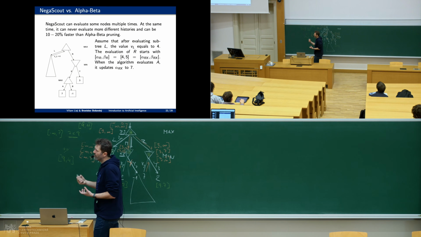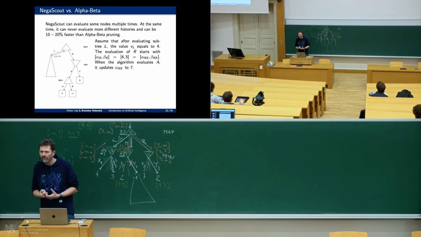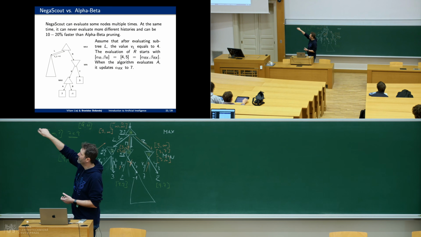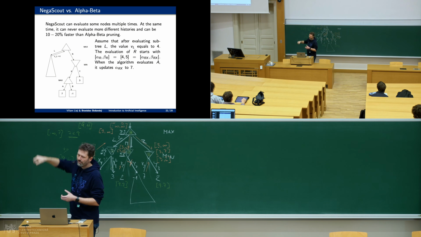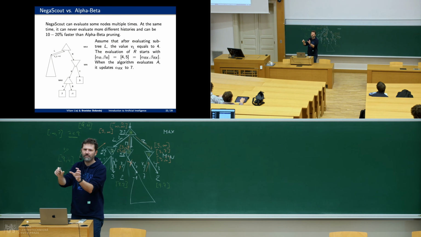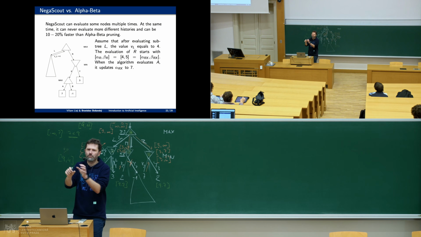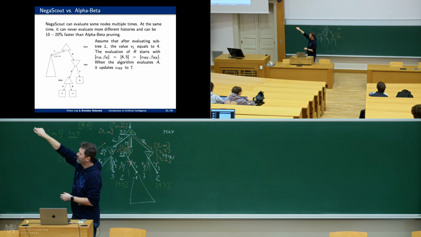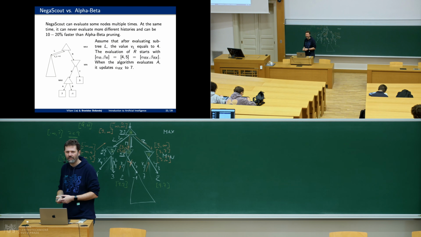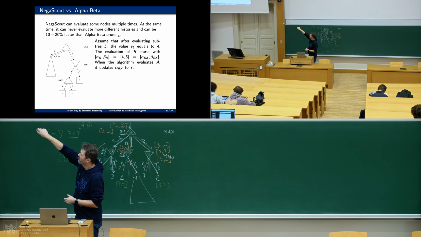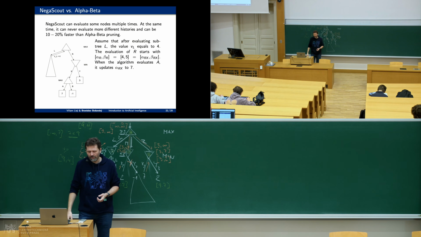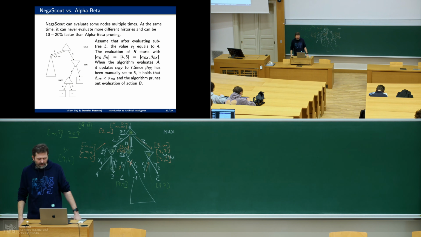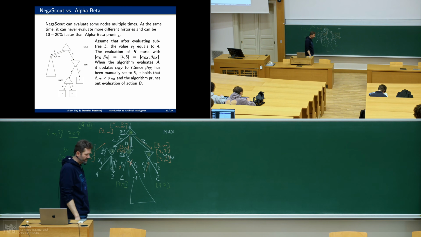And this is really just because we have set beta artificially to 5. For alpha beta, in this situation, we will have the interval 4 plus infinity, and we will just update 4 to 7. We will have 7 plus infinity, and nothing happens, and we explore action B. But for Negascout, we will prune this out, and we will not explore the action B in this node. So this is the difference.